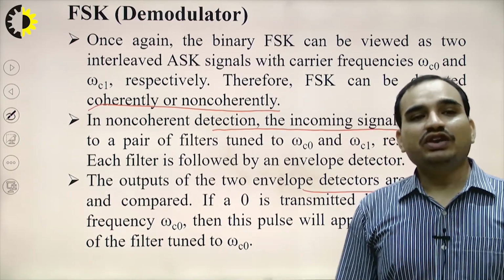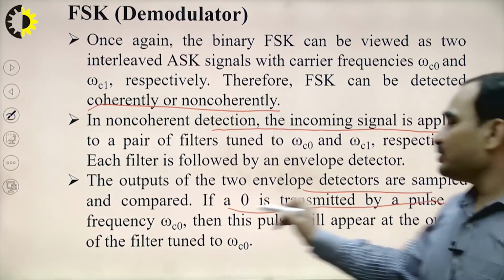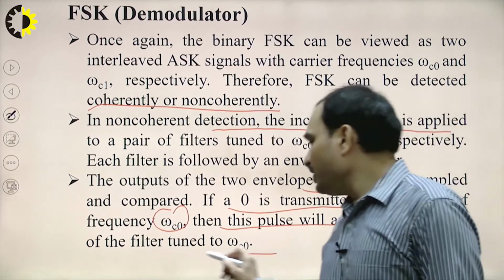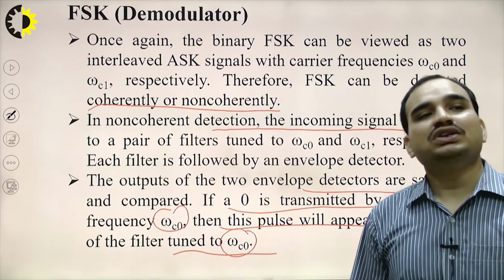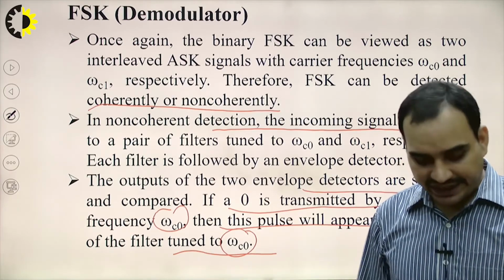Okay. So if 0 is transmitted by a pulse, that is omega C0, then this pulse will appear as the output of the filter tuned to omega C0. So this is the concept of FSK demodulation in case of non-coherent detection.